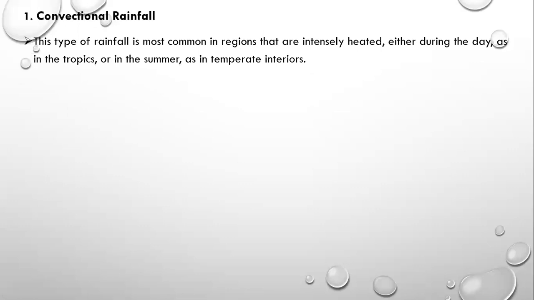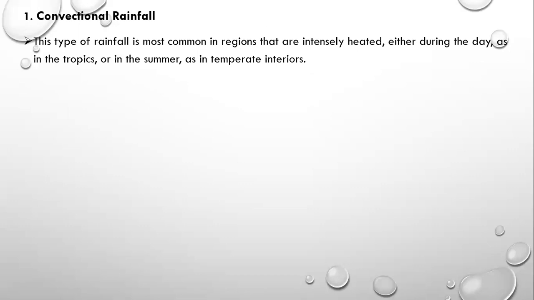Now, convectional rainfall is the type of rainfall that is the most common in regions that are intensely heated, either during the day, as in the tropics, or in the summer, as in temperate interiors.